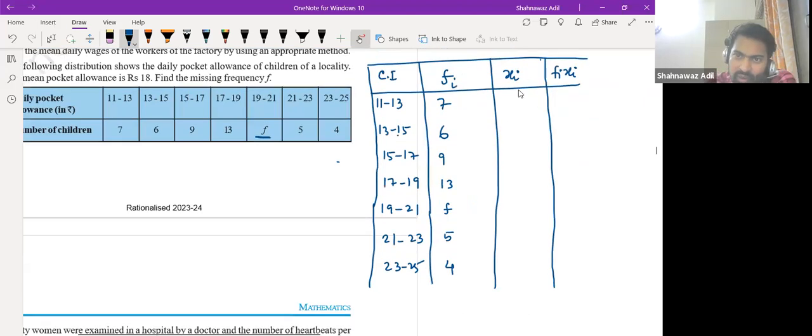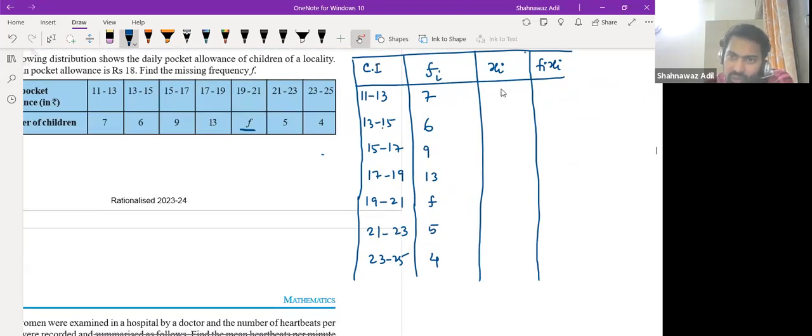So let us find out what the class marks are. This would be 12, 14, and then 16, 18, 20, 22, and 24. These are the class marks. And fixi would be how much?